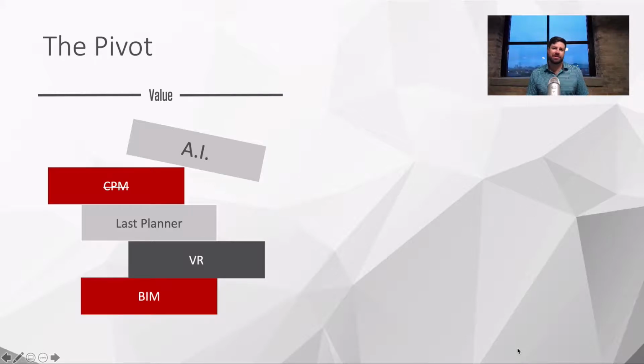So the new Grit is fairly pretty much the obvious. We've made BIM optional. So whether you have a BIM asset or not, you will be able to use Grit and receive value from that. Some of you may have seen last year we did stop all VR development, but now we've really moved forward to saying we're never going back. We've put a hold on the last planner process. So while Grit is still a collaborative schedule, we don't see it as being collaborative scheduling.